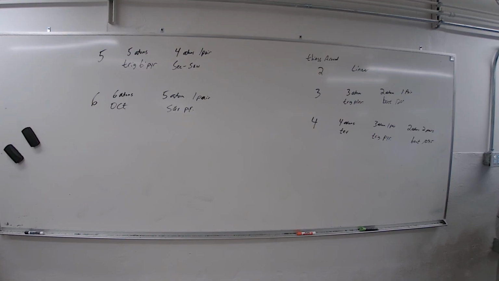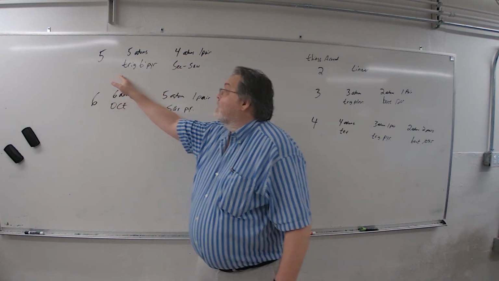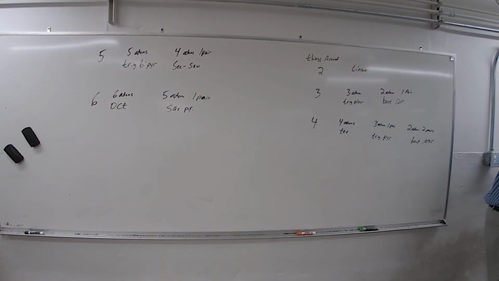How many things around this? 5 things around it. Seesaw. Yeah, that one's seesaw, because one of them is a pair. So 4 atoms, 1 lone pair? Yep. 5 total things around it, but 4 of them are atoms and 1 of them is a pair. It's making a lot more sense.